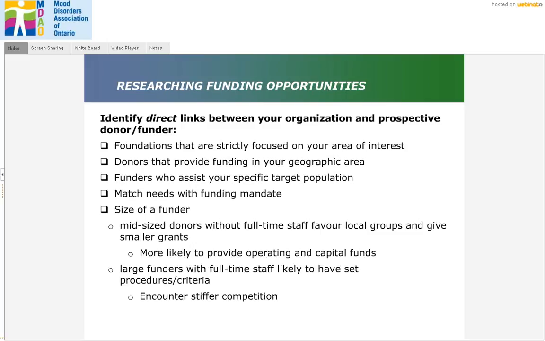Then you have larger funders with full-time staff that will have set criteria and procedures, and these are usually larger foundations or even government agencies, such as the Ontario Trillium Foundation. And of course, because they provide larger amounts of money, the competition is stiffer than with smaller or mid-size donors.